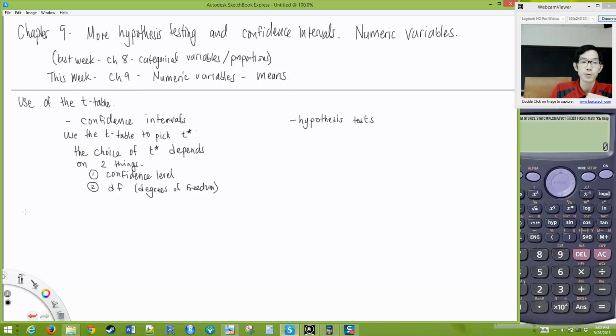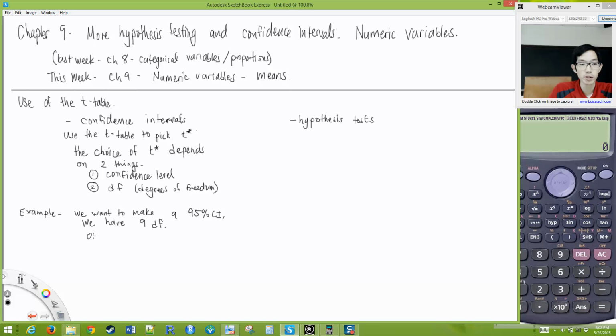Okay, so for example, let's say we want to make a 95% confidence interval, and later on today I will tell you how to determine degrees of freedom. But let's just say we have 9 degrees of freedom. Okay?